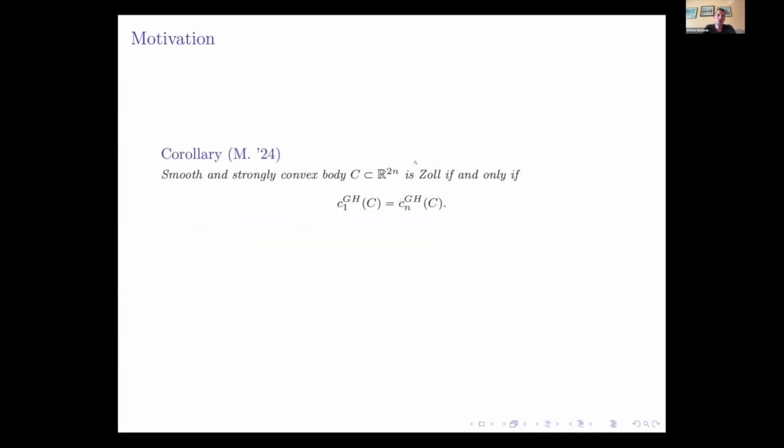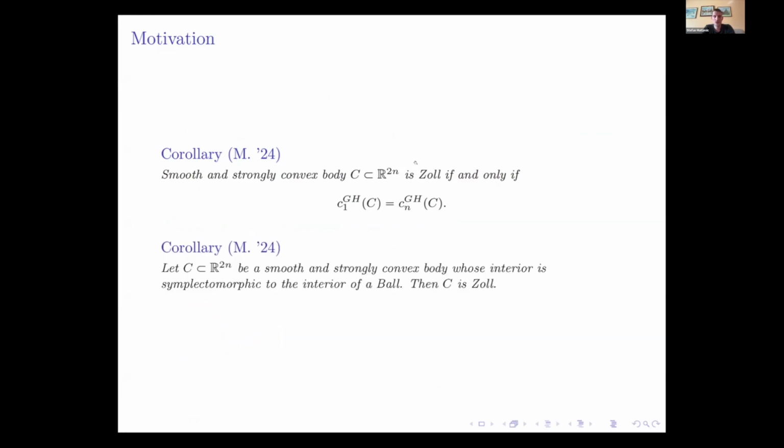So what do we get from here? We get a corollary, which states that a smooth and strongly convex body is Zoll if and only if the first good Hutchings capacity is equal to the nth one. What is particularly nice about these capacities is that they stay monotone with respect to symplectic embeddings of interiors, which means that in the context of this corollary, whether something is Zoll or not depends only on the geometry of the interior.